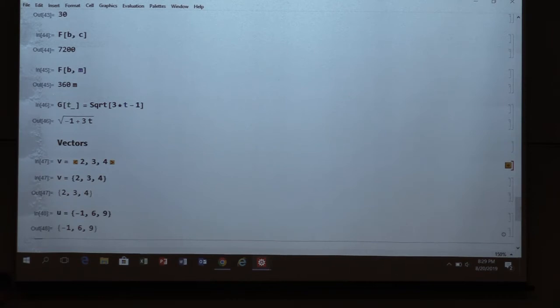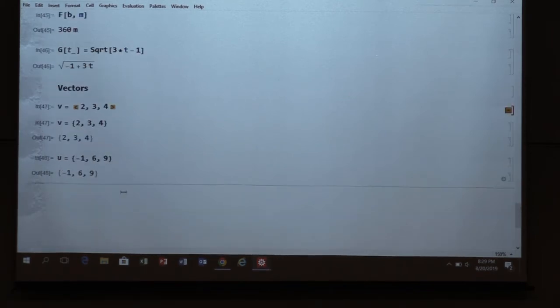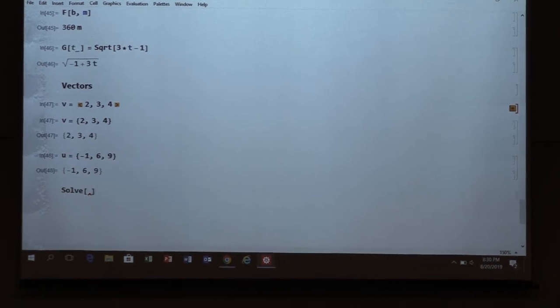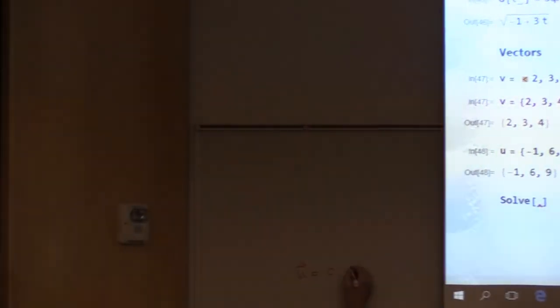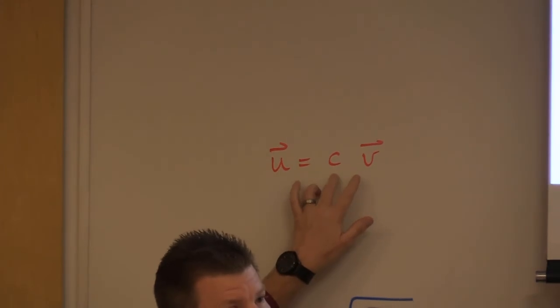So this is your first introduction into what's called the solve command, or the solve function, sorry. We're going to use the solve function. So mathematically, what would this look like? You're doing something like this, right? Like u equals some constant c times, what did I use, v? Right? Like that. If there's a value of c that's scalar, there's a multiple, then we know that those two are equal.